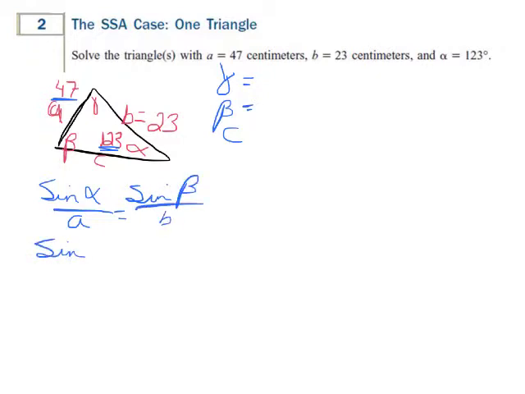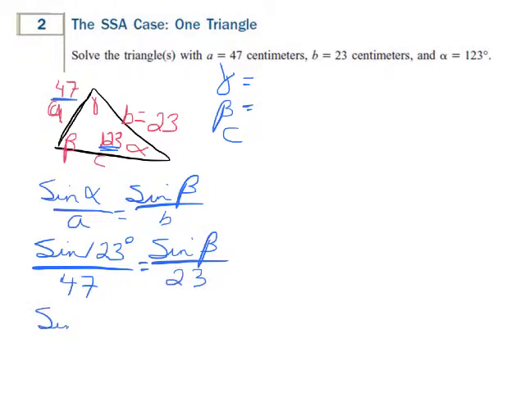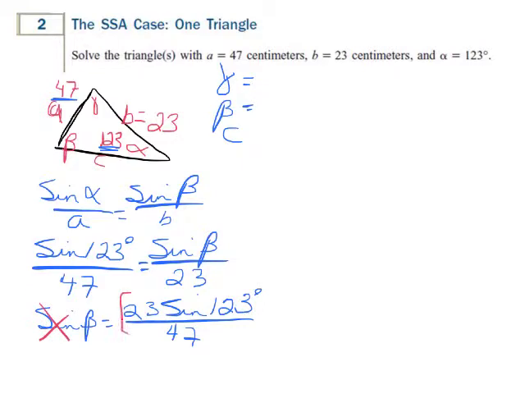The sine of 123 degrees all over 47 is equal to the sine of beta all over 23. So the sine of beta is going to be 23 times the sine of 123, all over 47. So in order to get rid of this sine, we're going to use the inverse sine. All right, when you plug that into your calculator, you should get that beta is equal to 24 degrees.